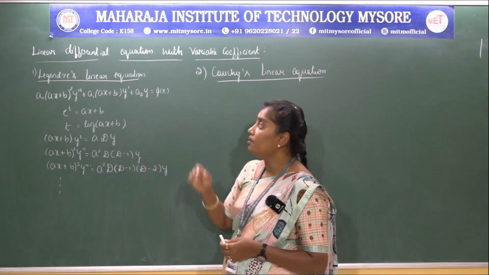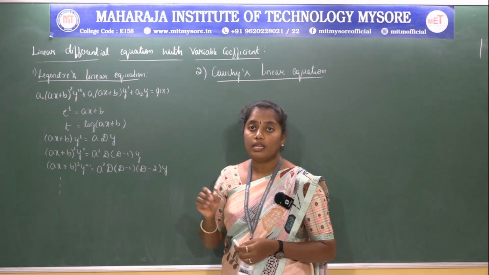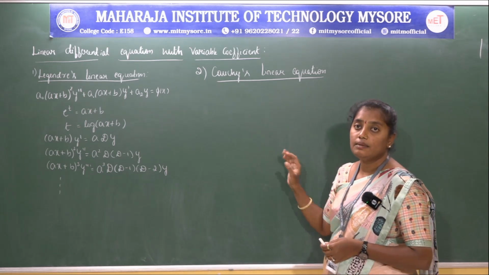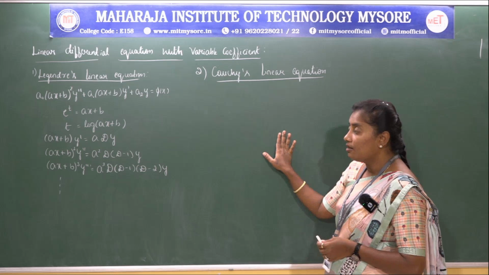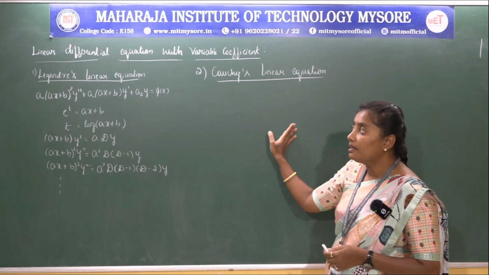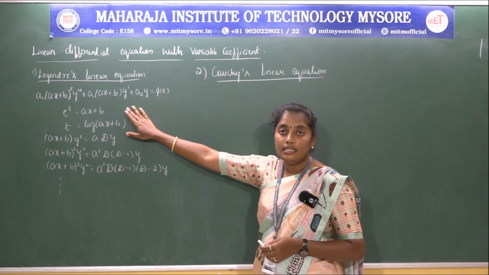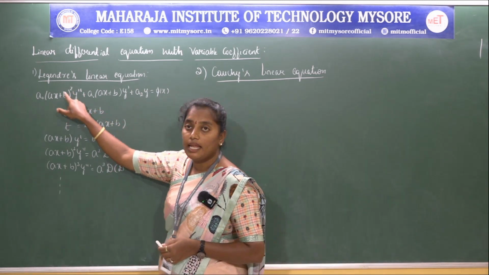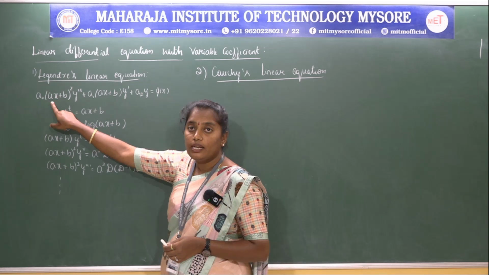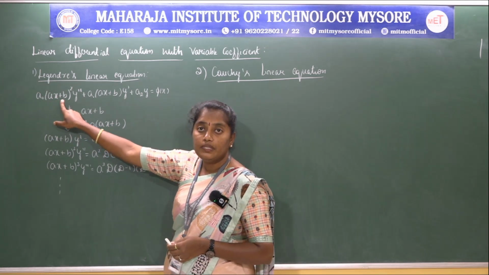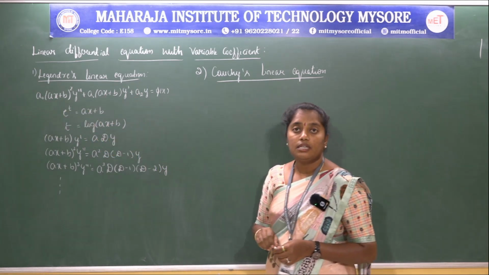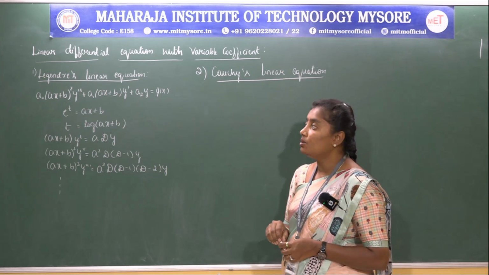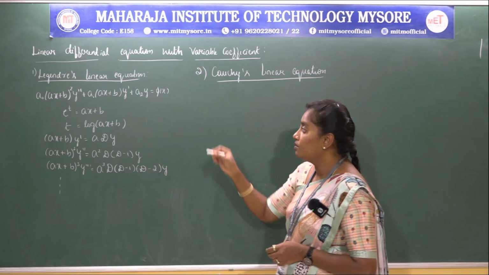The second type of linear differential equation with variable coefficient is Cauchy's linear equation. Cauchy's linear equation is a particular case of Legendre's equation when a is equal to 1 and b is equal to 0.